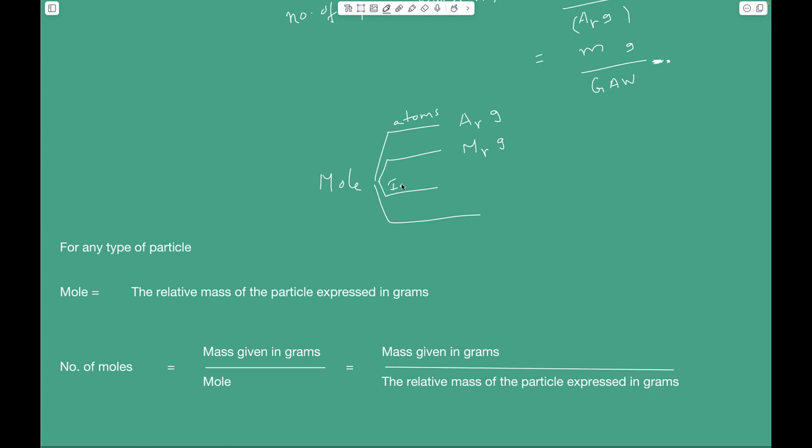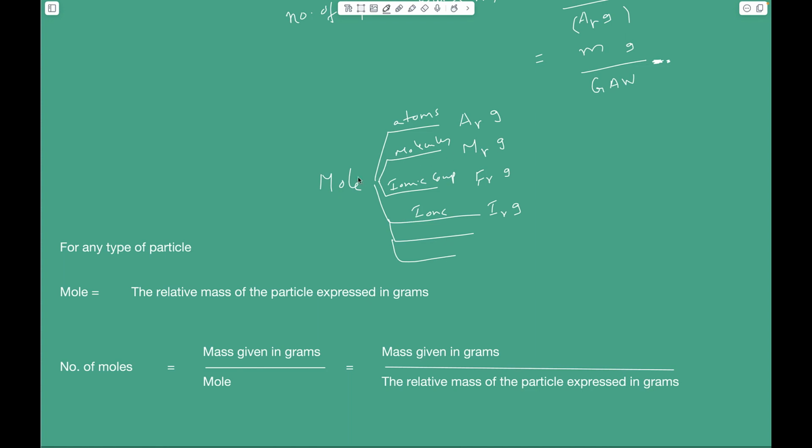If you are talking about an ionic compound, you are talking about its relative formula mass in grams. And if you are talking about an ion, then it is relative ionic mass in grams, and you can extend this to any other type of particle.